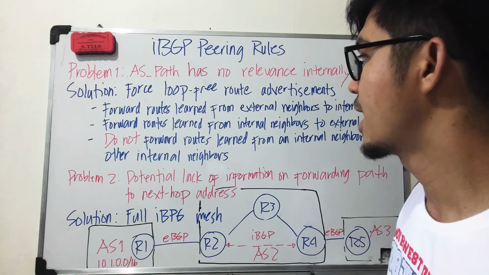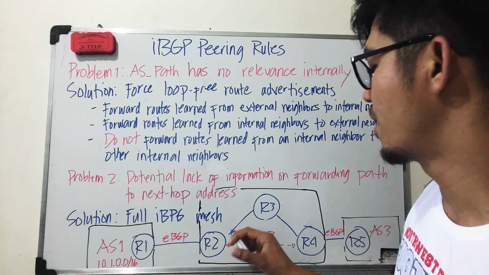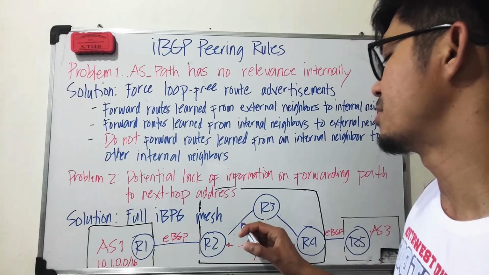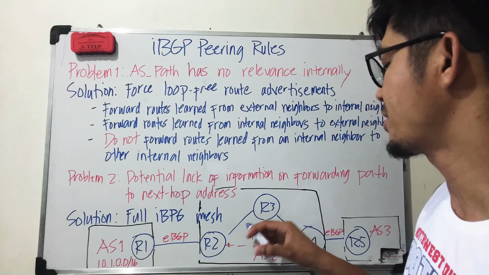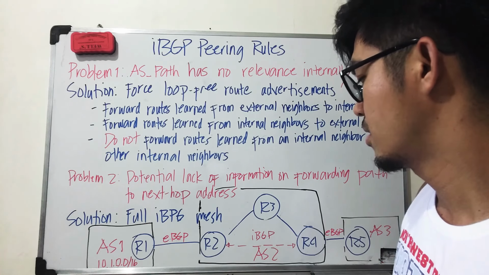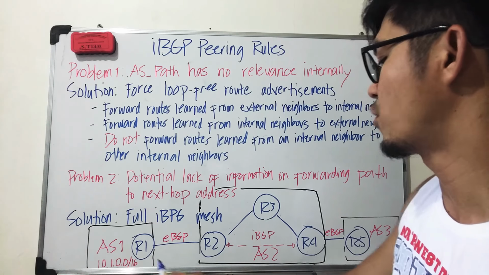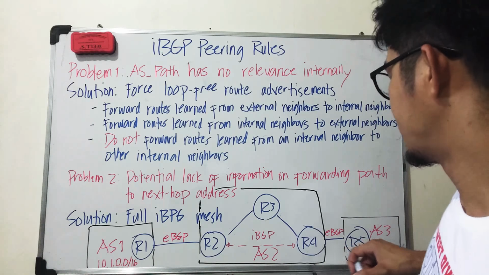So what we actually need to do is, instead of having two BGP peers between R2 and R3 and R3 and R4, we can create a peering between R2 and R4, so we can forward the route all the way to R5.